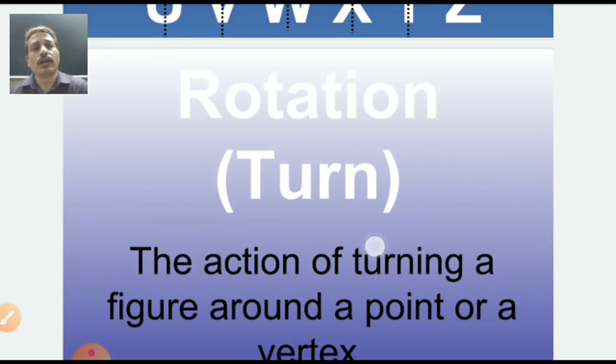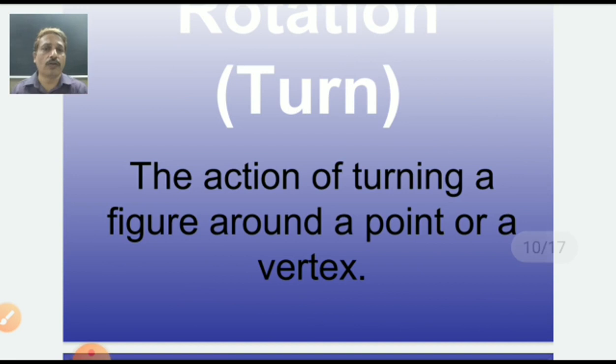Rotational or turn around symmetry. The action of turning a figure around a point or a vertex. Whenever you are turning the figure this way, yes, turning, it's called the rotation. One time 90 degrees, second time 90 degrees, third time 90 degrees, and fourth time 90 degrees.